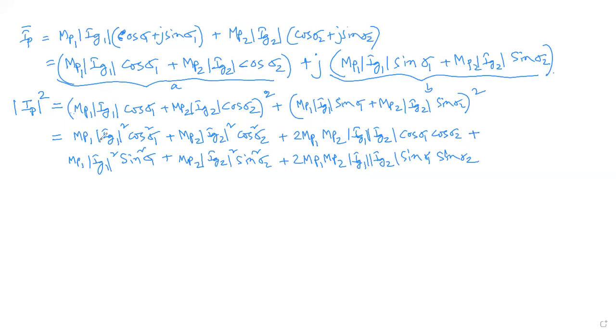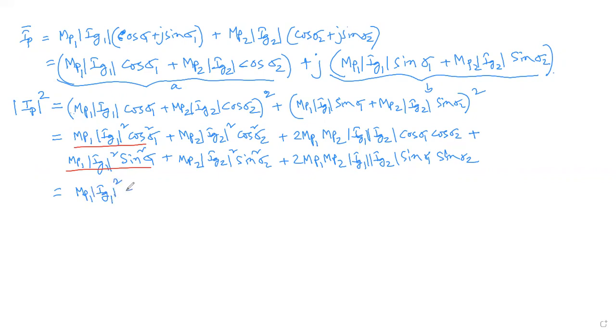Now if we look a little more carefully, we can identify that we have MP1 IG1 squared cosine squared sigma 1 and MP1 IG1 squared sine squared sigma 1. These two would actually yield MP1 IG1 squared.